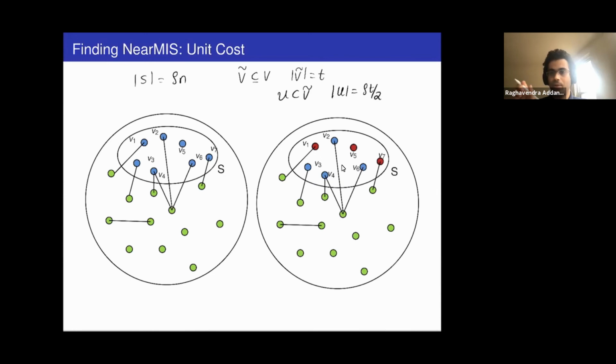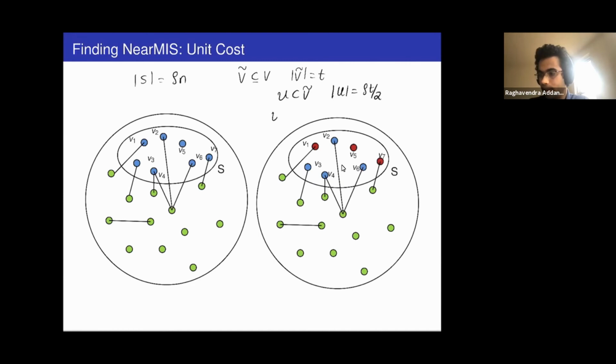Because we do not know which of the subsets is fully contained in S, we iterate over all possible subsets of our sample V tilde and pick one and process it.